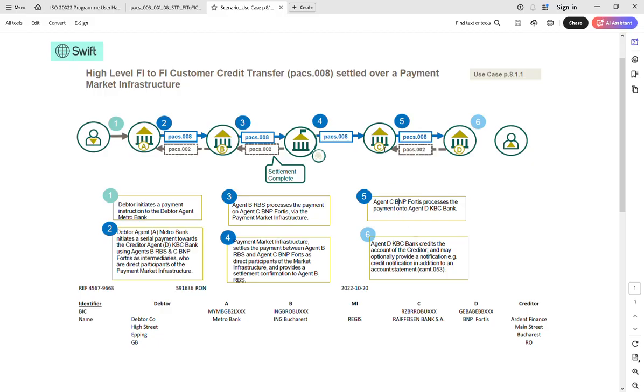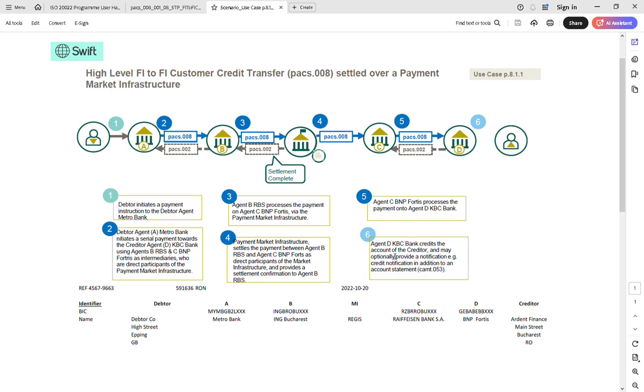Agent C, BNP Fortis, processes the payment onto agent D, KBC Bank, which is the receiver bank. Once this payment is settled, whatever amount has to be sent to C is sent to bank D here.